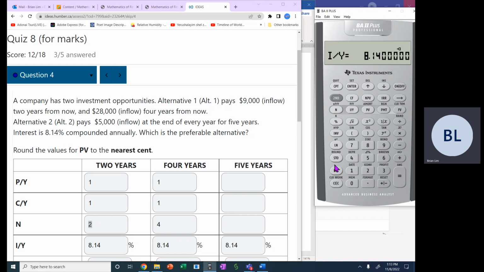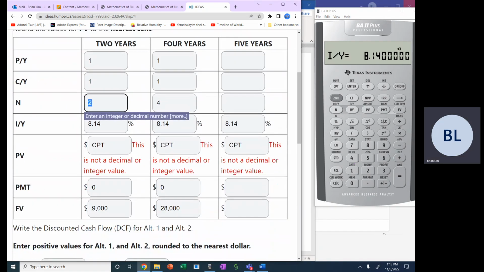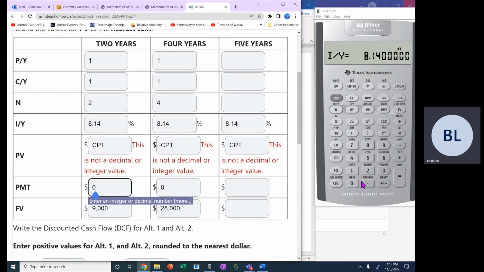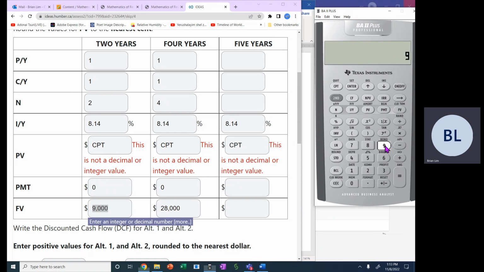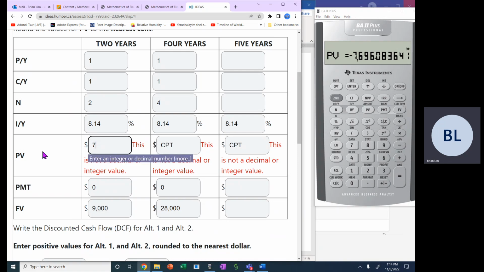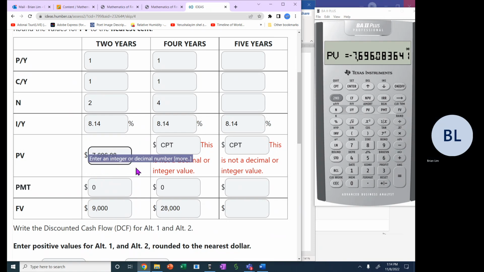Present value, we're trying to compute that. Payment is 0. The future value is $9,000. That is what is expected 2 years from now. And that present value gives us $7,696.08. All right, so that's the first computation.